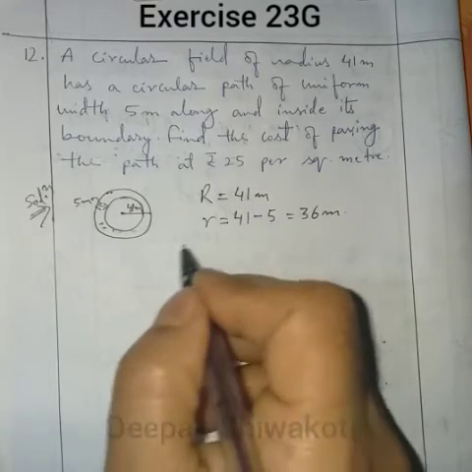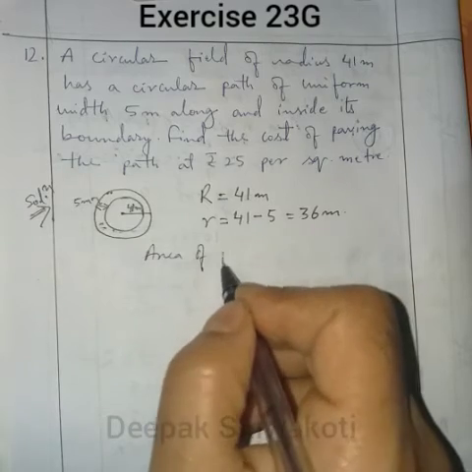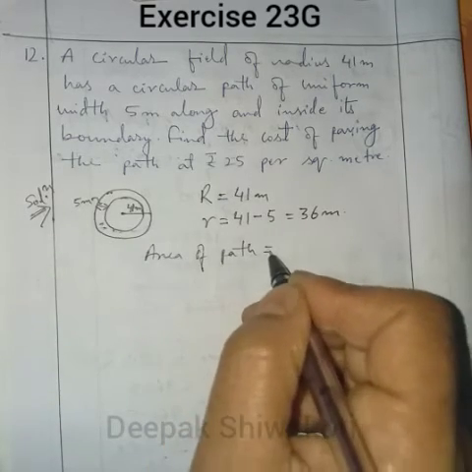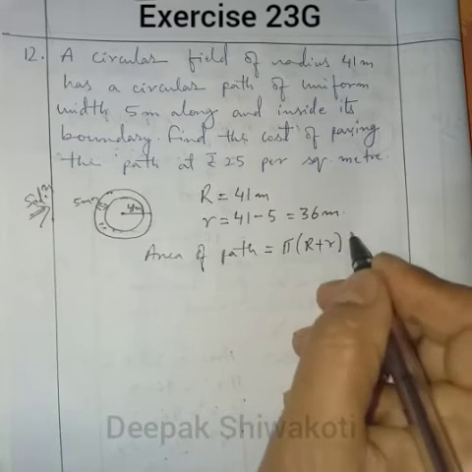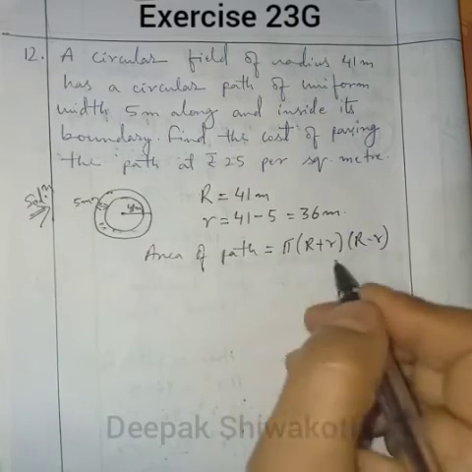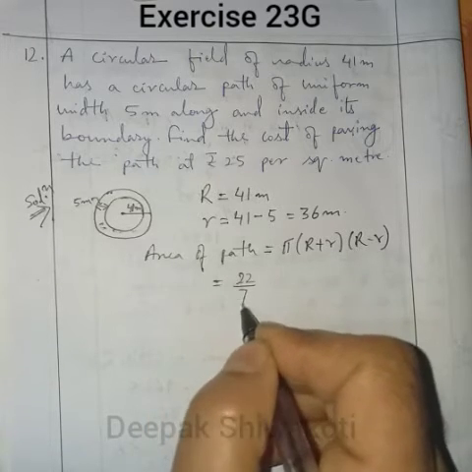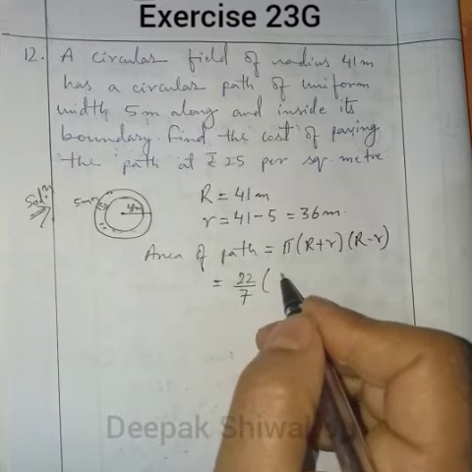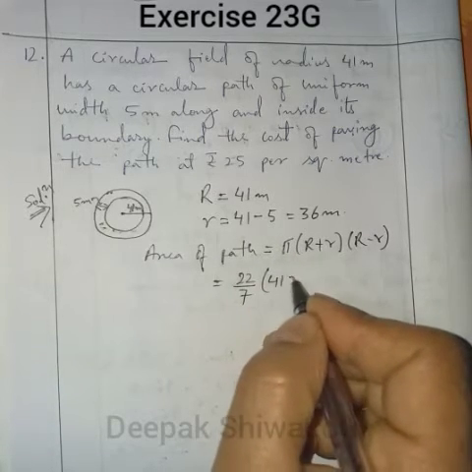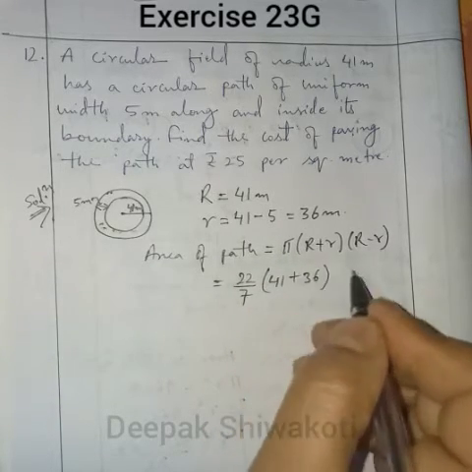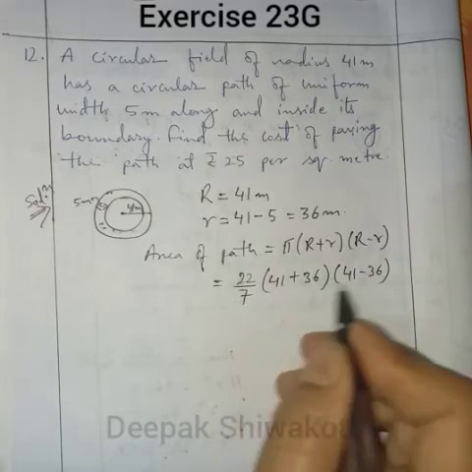So area of ring or the path, area of path you can write, is given by pi (R plus r)(R minus r). Do remember the formula. Now pi is 22/7 and capital R plus small r is 41 plus 36, and 41 minus 36 here also, the sum and the difference.